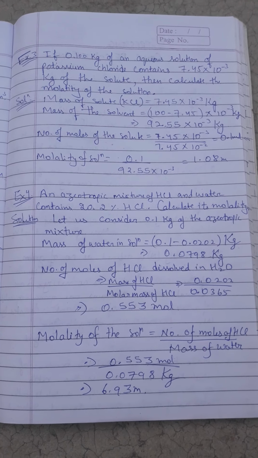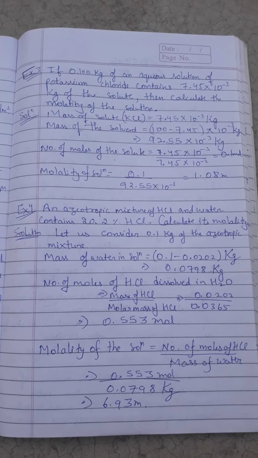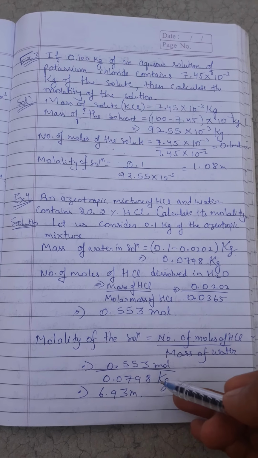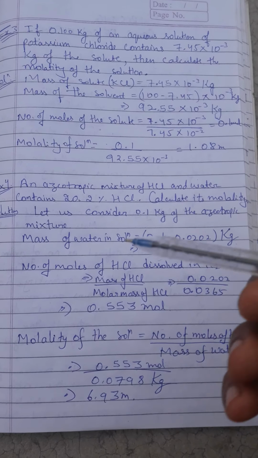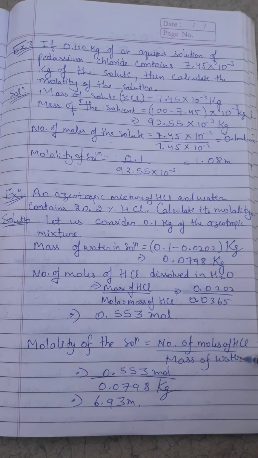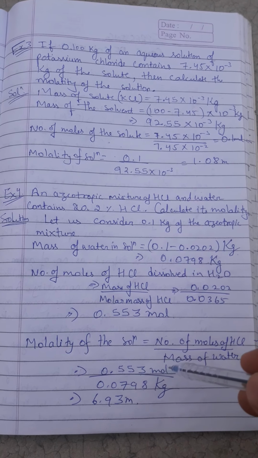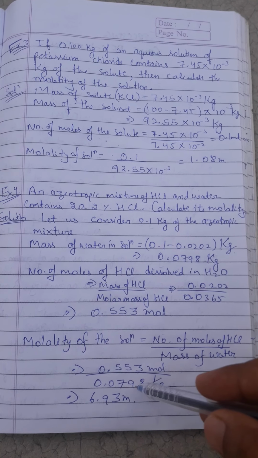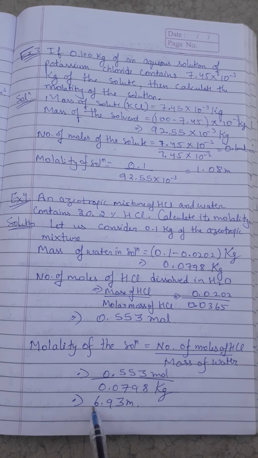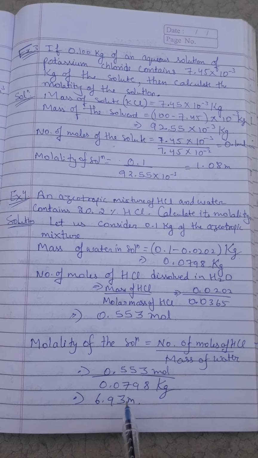Now molality of the solution will be equal to number of moles of HCl divided by mass of water, which is equal to 0.553 mole upon 0.0798 kg, which is equal to at last 6.93 small m.